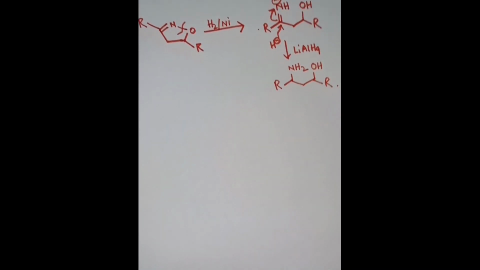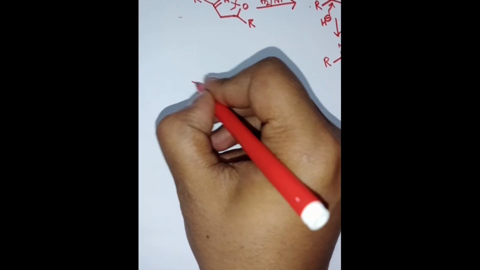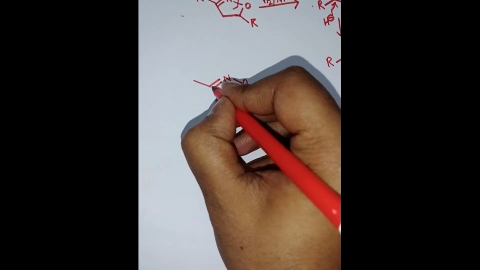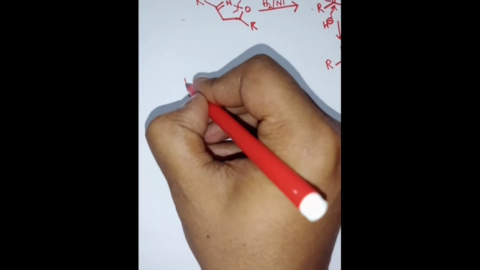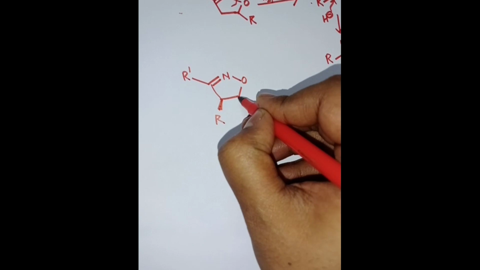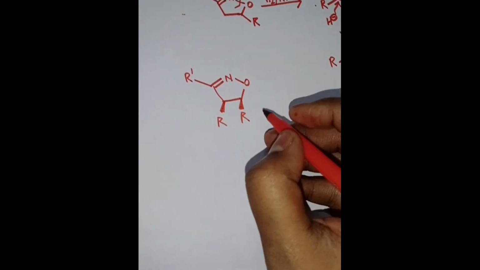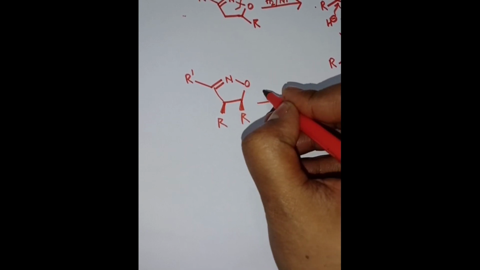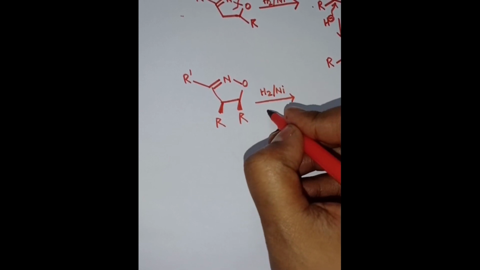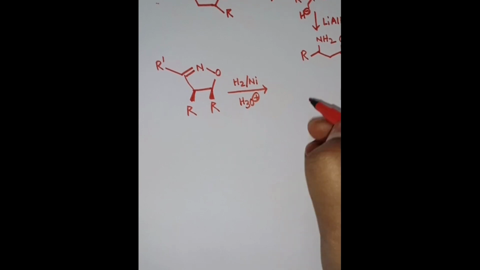So here you can say I didn't mention the stereochemistry, but suppose in a question you get this product after 1,3 cycloaddition, and then they give this reagent, and after hydrolysis they are asking what will be the product.